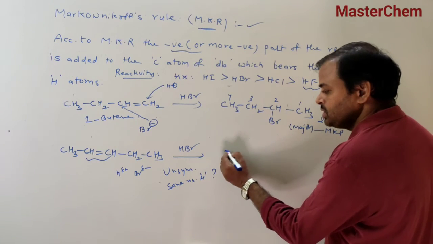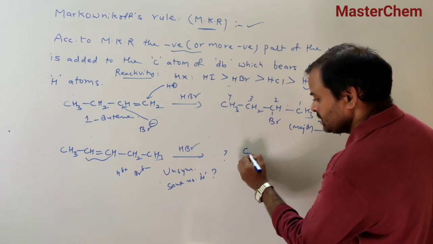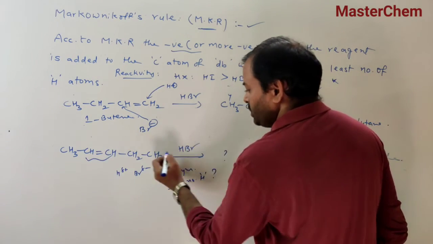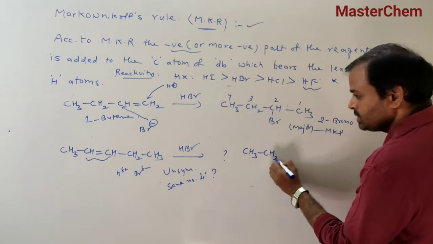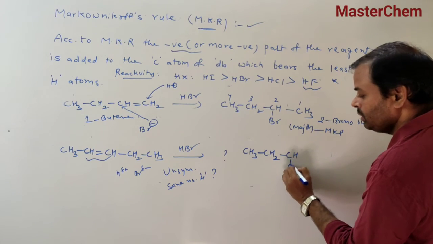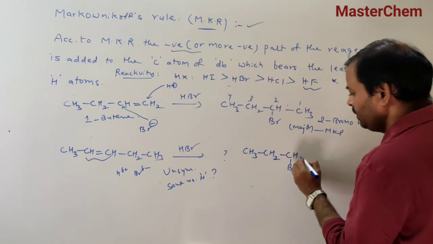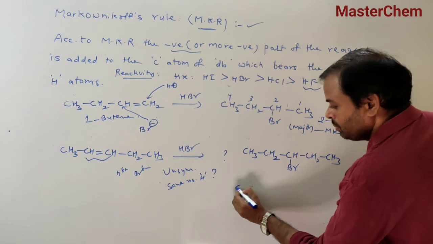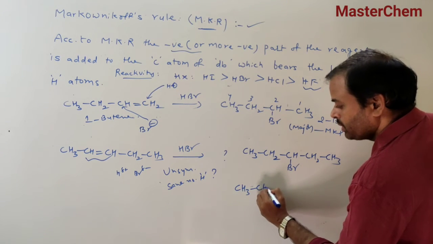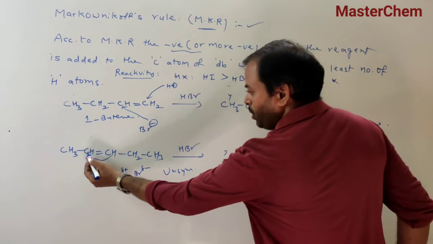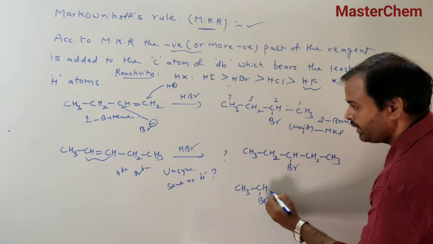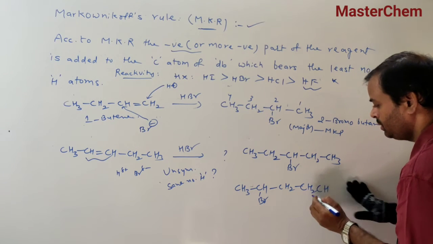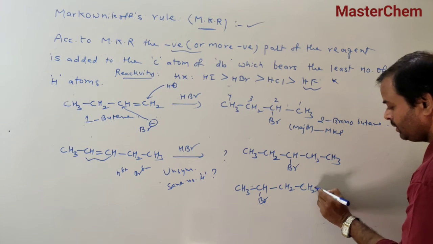In this case, which is major and which is minor? First write the two probable products. First, attaching hydrogen to this carbon and bromine to this carbon atom: CH3, CH2, CHBr, CH2, CH3. The second possible product is the reverse, bromine to this carbon and hydrogen to this carbon, giving CH3, CHBr, CH2, CH2, CH3.